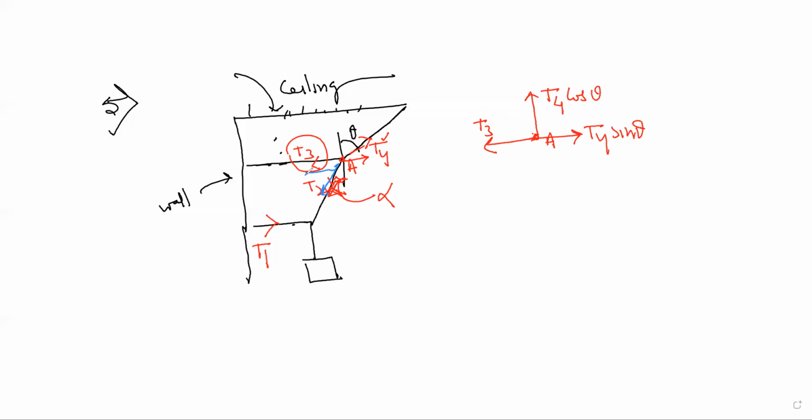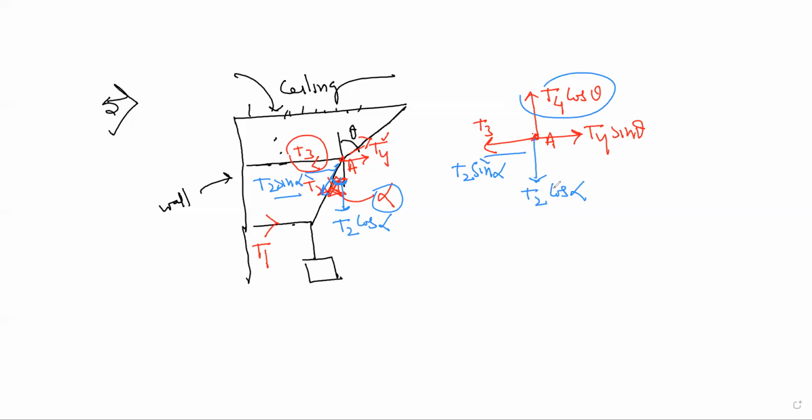Since it is angle alpha, its component in vertically downward direction will be T2 cos alpha, and in this direction its component will be T2 sin alpha.